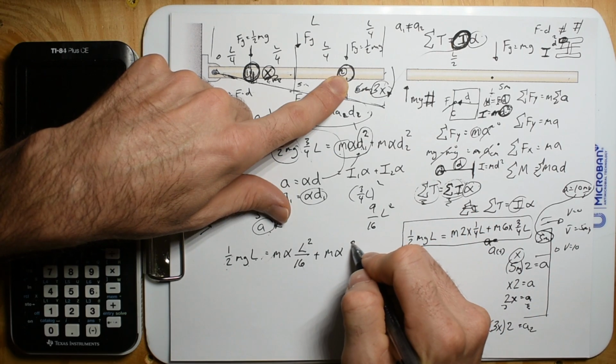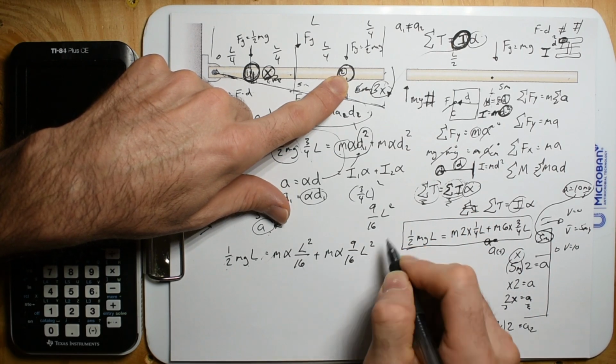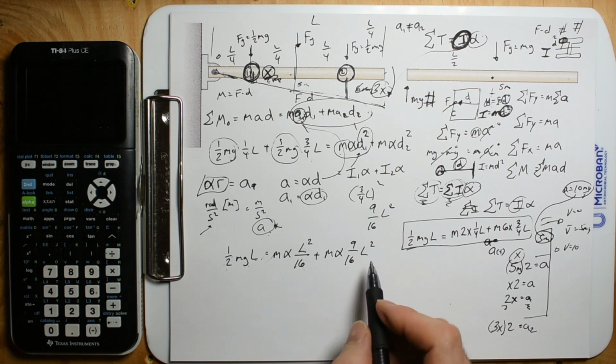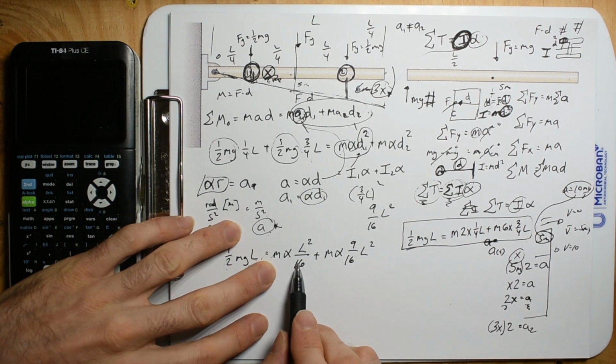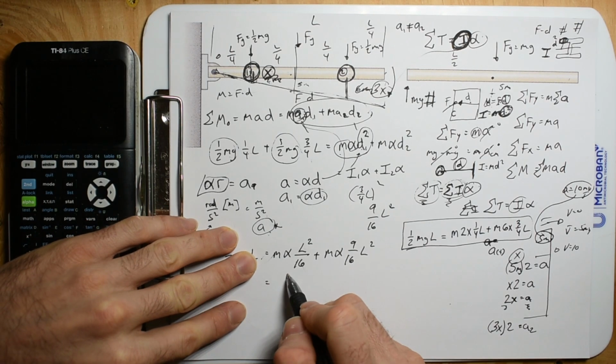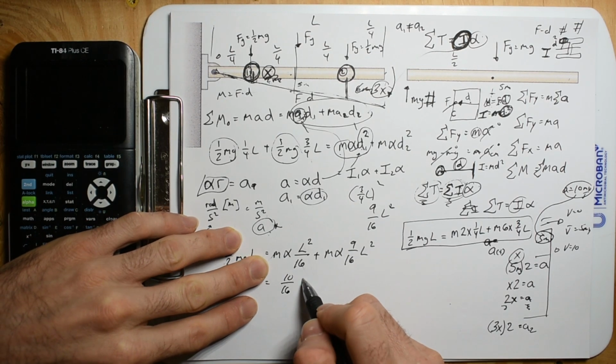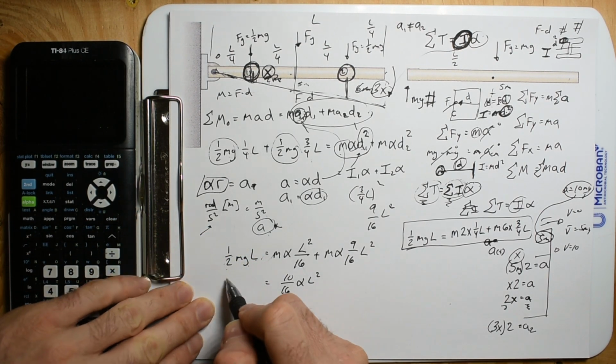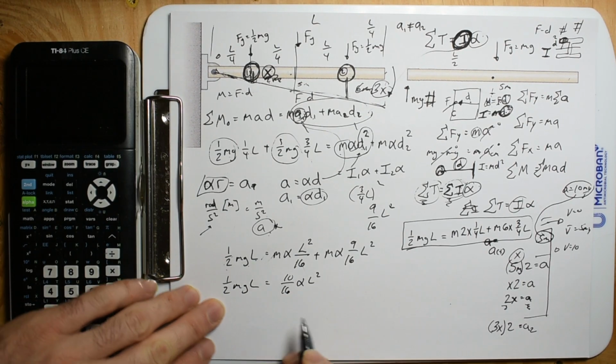Okay, so right here, we're going to have 1/16 plus 9/16. Everything else is the same, so we're going to have 10/16 alpha L squared is equal to 1/2 mgl.